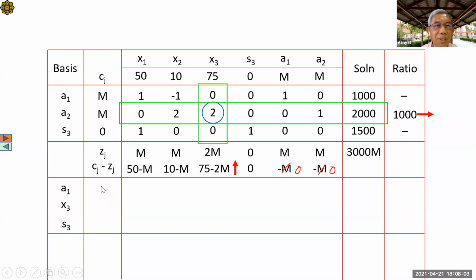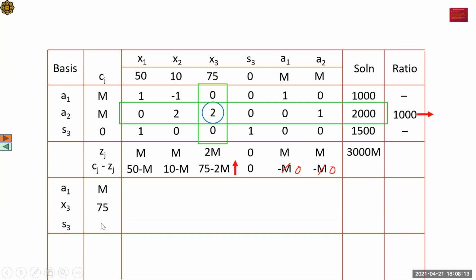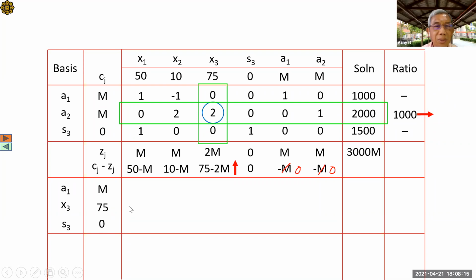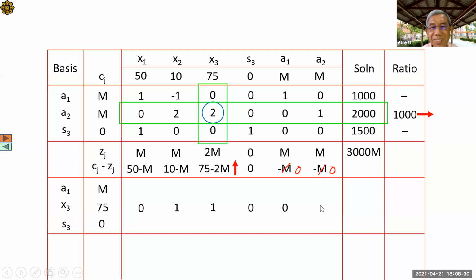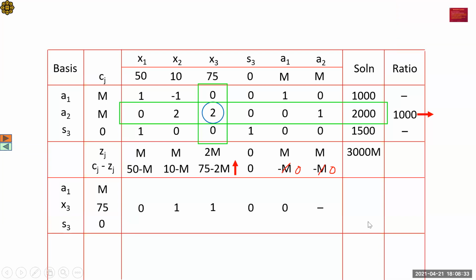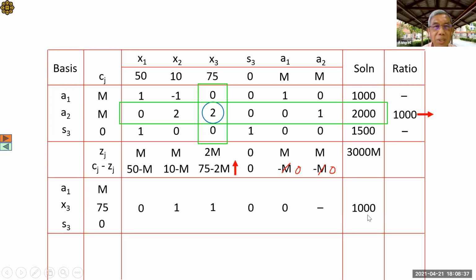Let's put the coefficient 1, M. Where's the coefficient for X3? 75. Let's do the new row: 1, 1, 0, 0. How about A2? Off, bye-bye already. Then we have this one, 2000 divided by 2, 1000.